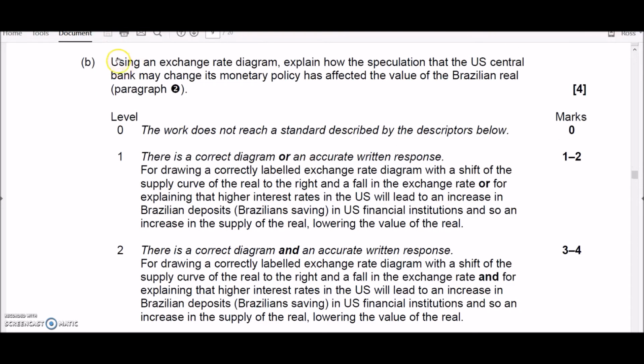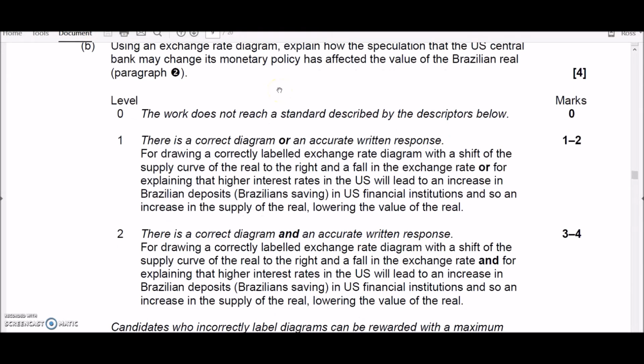The reason I will always encourage you to use the diagrams, or to choose the questions B and C where it says using an exchange rate diagram or using a blank diagram, is because essentially it's 2 marks for drawing the diagram correctly and 2 marks for the explanation.